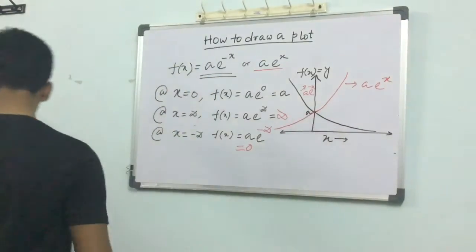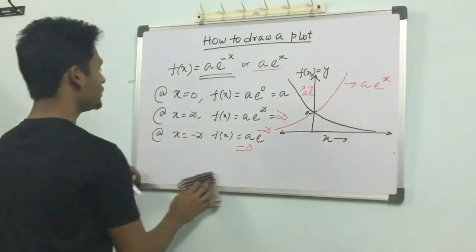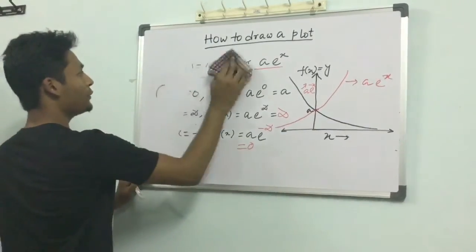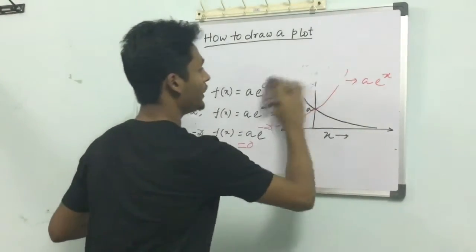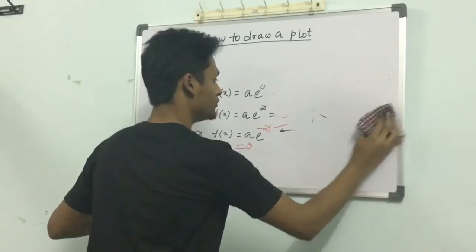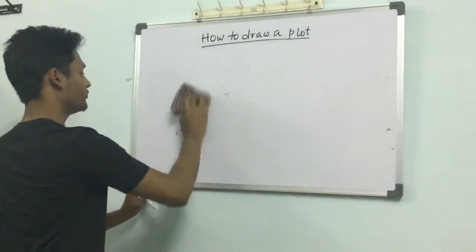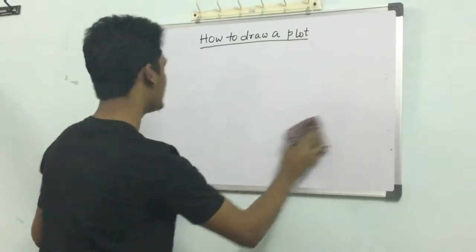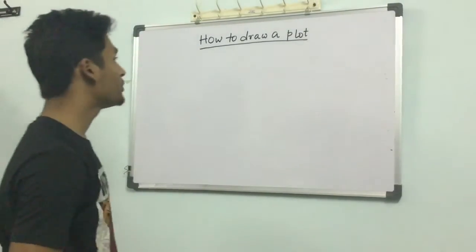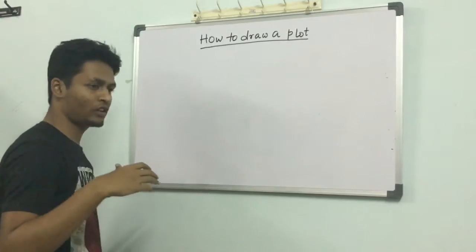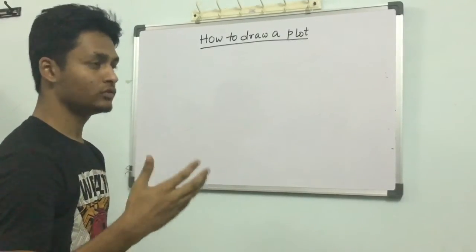Okay, so let me take some examples from our chemistry. How can we relate this? I think you know about barometric distribution. Barometric distribution basically gives you the dependency of height on pressure.